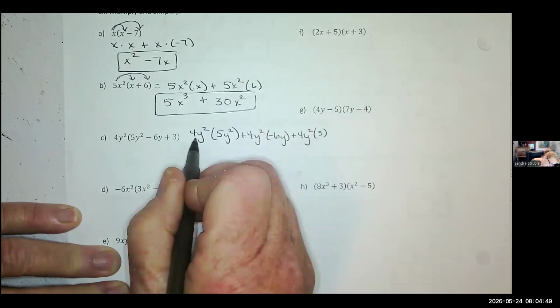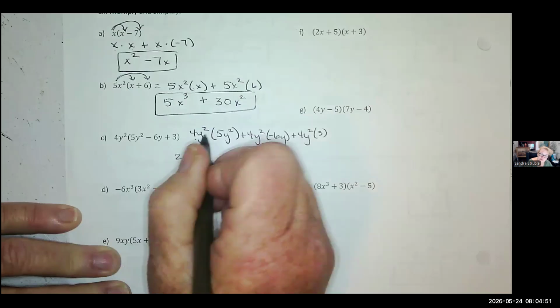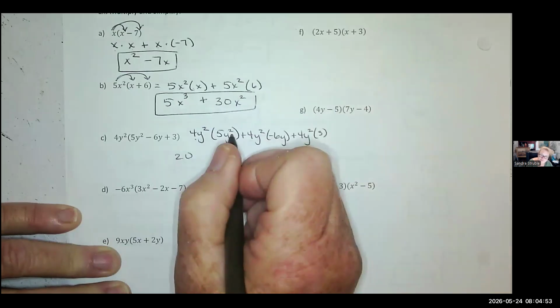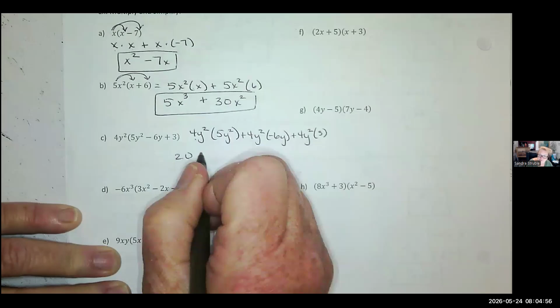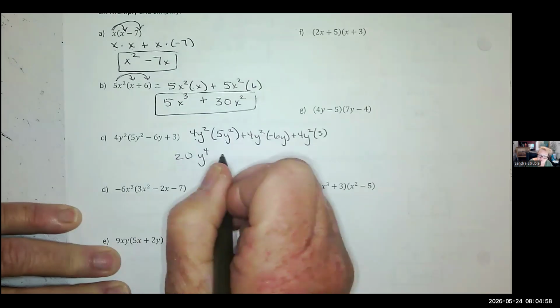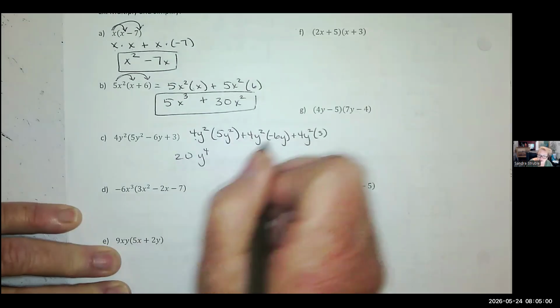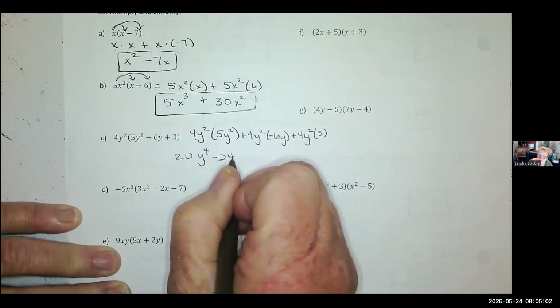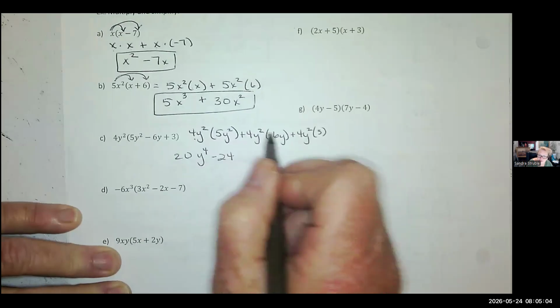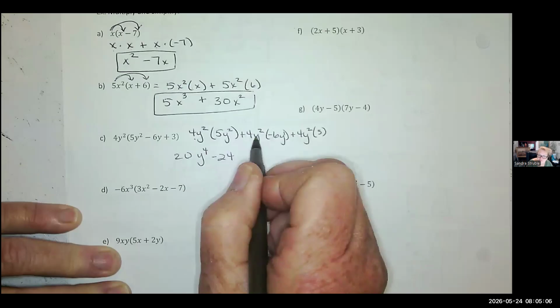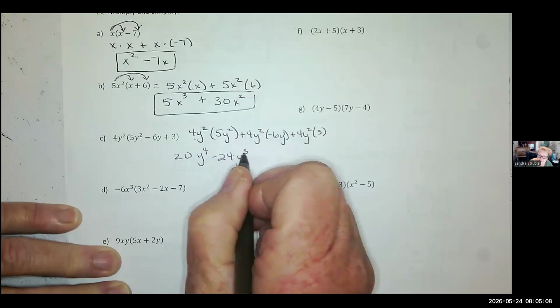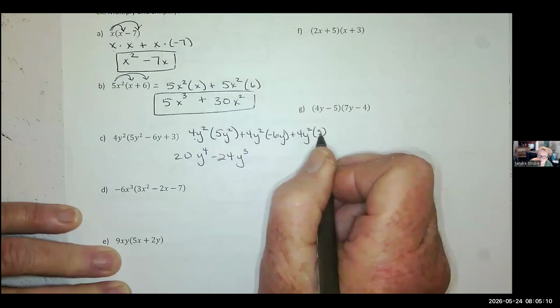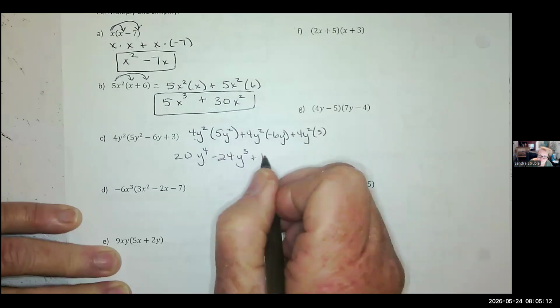Y squared times y squared is y to the 2 plus 2, which is y to the 4th. Positive 4 times negative 6 is negative 24. Y squared times y to the 1 is y to the 2 plus 1, which is y cubed. 4 times 3 is 12. Bring down your y squared.